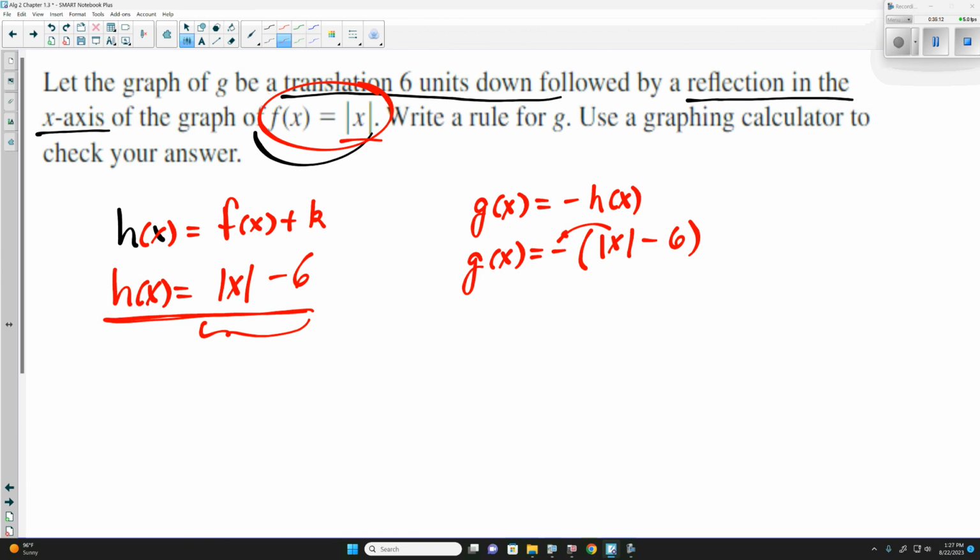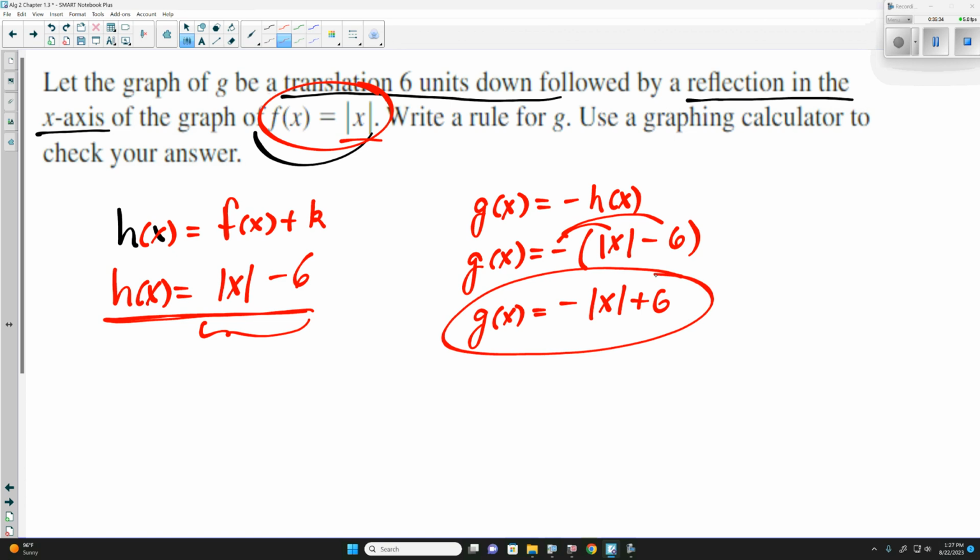So we would indeed have the plus 6, and the absolute value of x would be negative, because the absolute value was positive, so when I multiply it by a negative, it will become negative. So the final function g of x is equal to the negative absolute value of x plus 6.